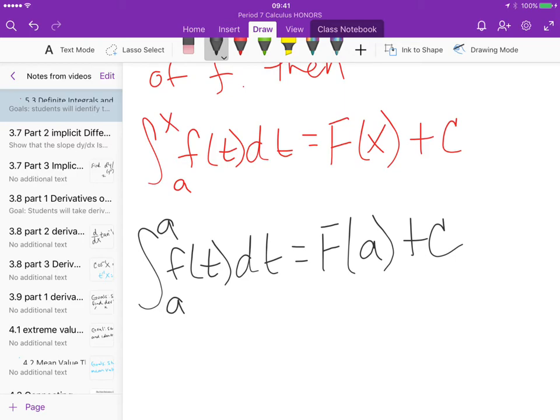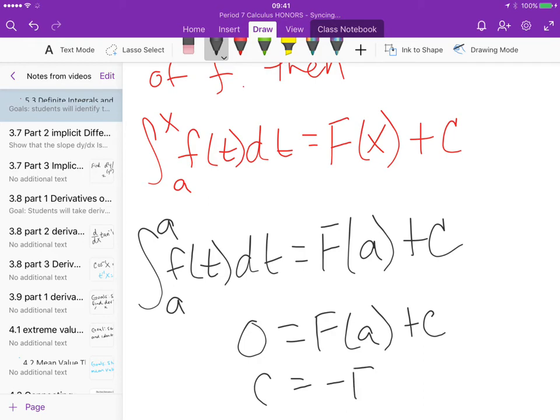However, we know that a lower bound and an upper bound meeting together at the same thing should equal 0 in the end. And so what this tells us is that 0 should equal the antiderivative of a plus c, giving us a value of c being negative F of a.